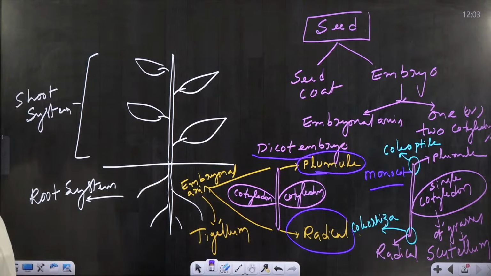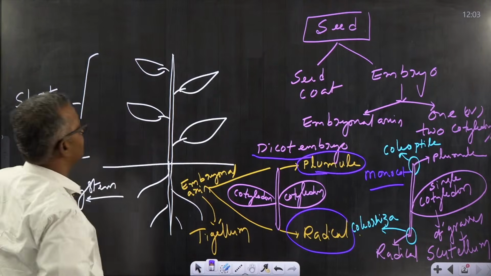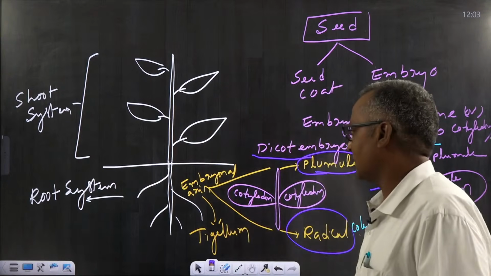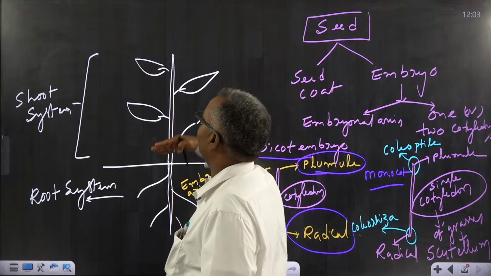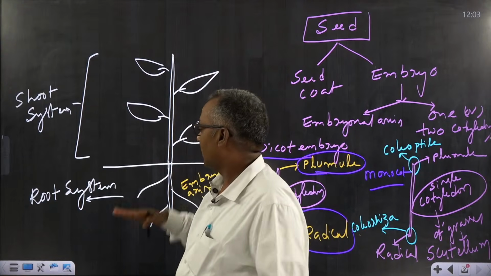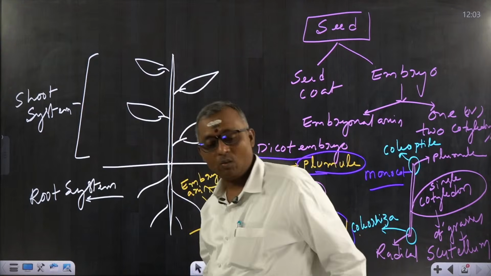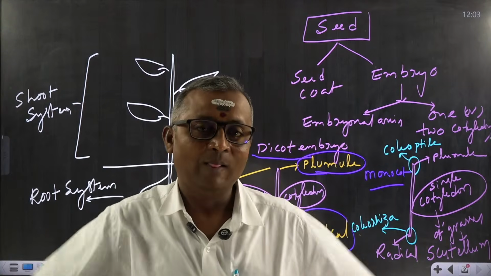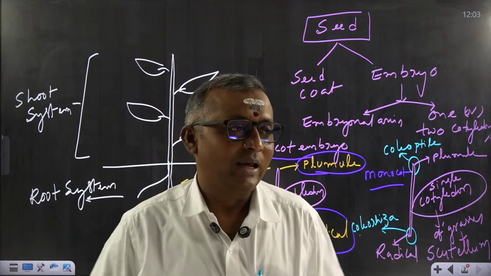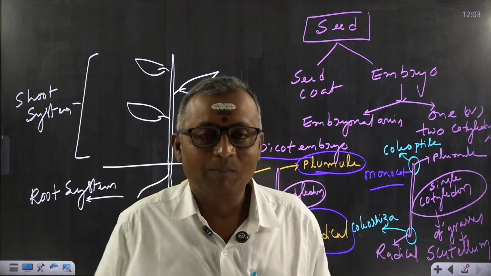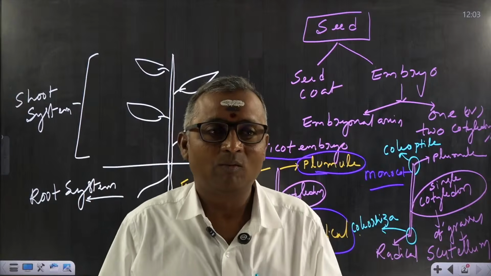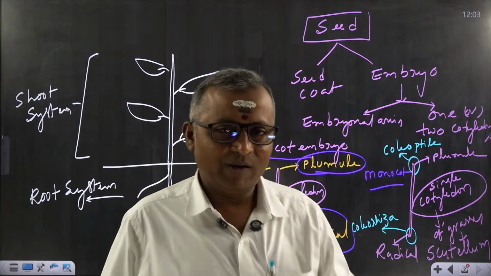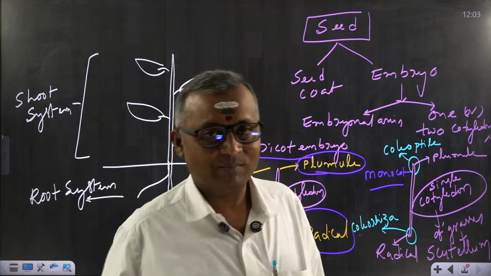Now come back. I said in angiospermic plant, you can see 2 kinds of systems. One is root system and the other one is shoot system. Root system is underground. It is present in the soil. I am saying in general. Don't think about exceptions. Biology is one subject where for every concept, for everything, you will have some exception.